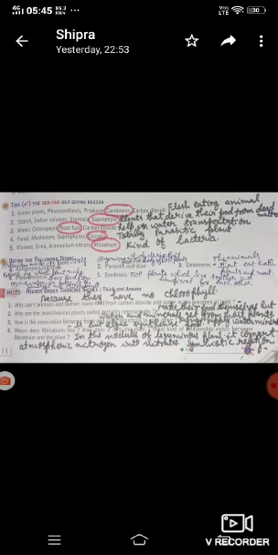Rhizobium lives in the nodules of leguminous plants. How does it help the plants? It converts atmospheric nitrogen into nitrates. What kind of relationship exists between rhizobium and the plant? A symbiotic relationship exists between rhizobium and the plant.